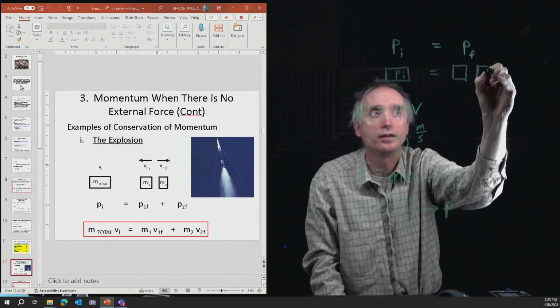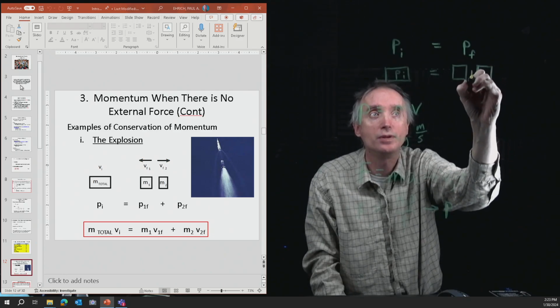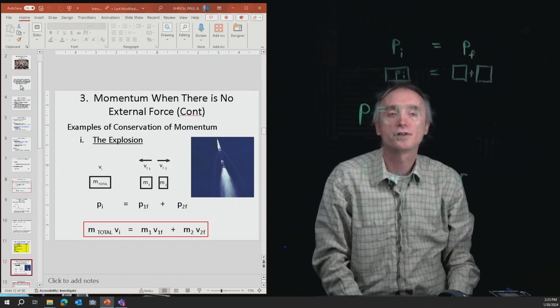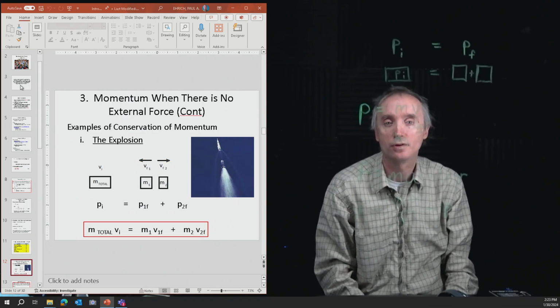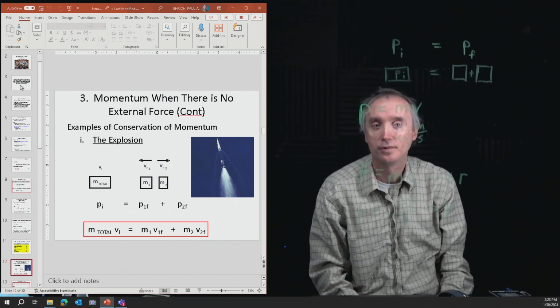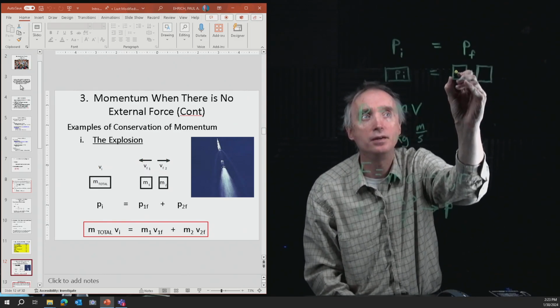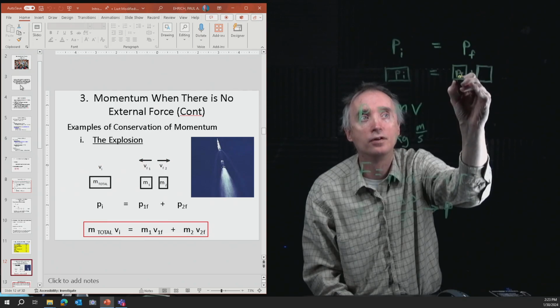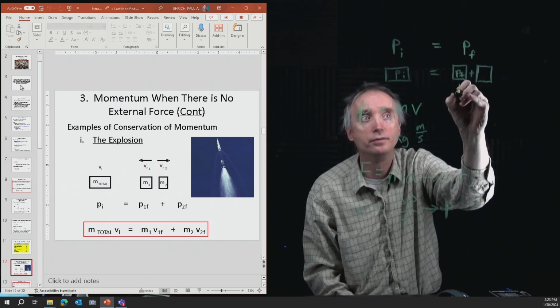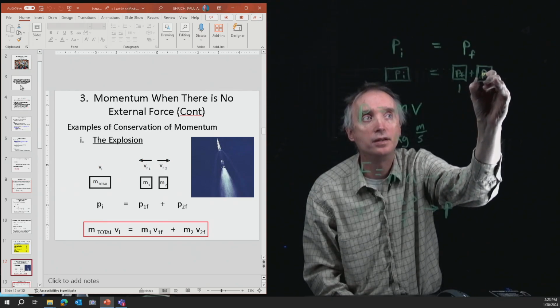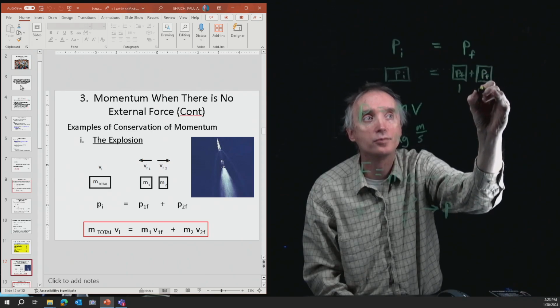Now in actuality, it can turn into as many pieces as it wants. It's just that two pieces is easier to analyze than 100 pieces. So this time we're going to have p final for object number 1, and then you'll also have p final for object number 2.